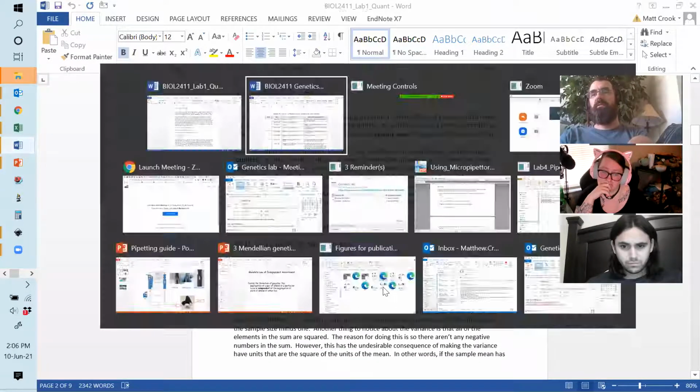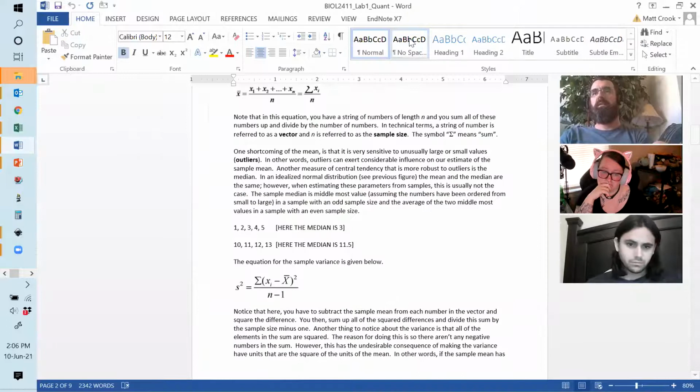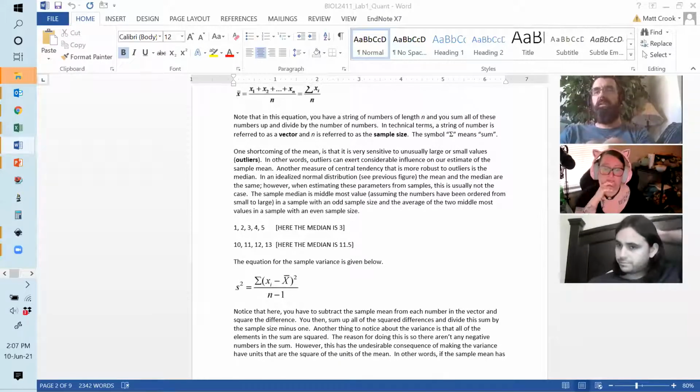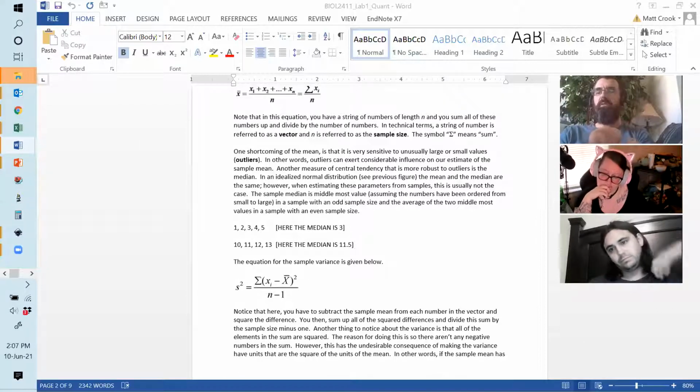So let's get back. Here we go. It's got to be s squared because that's variance. That's always presented like so, which is the sum of each individual data point. Sorry, I'll get there eventually, promise.